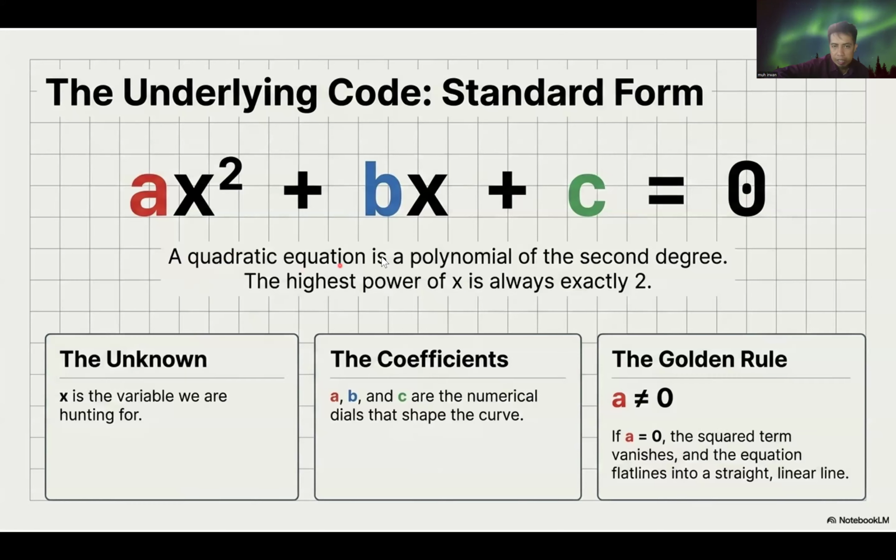A quadratic equation is a polynomial of the second degree. The highest power of x is always exactly 2.